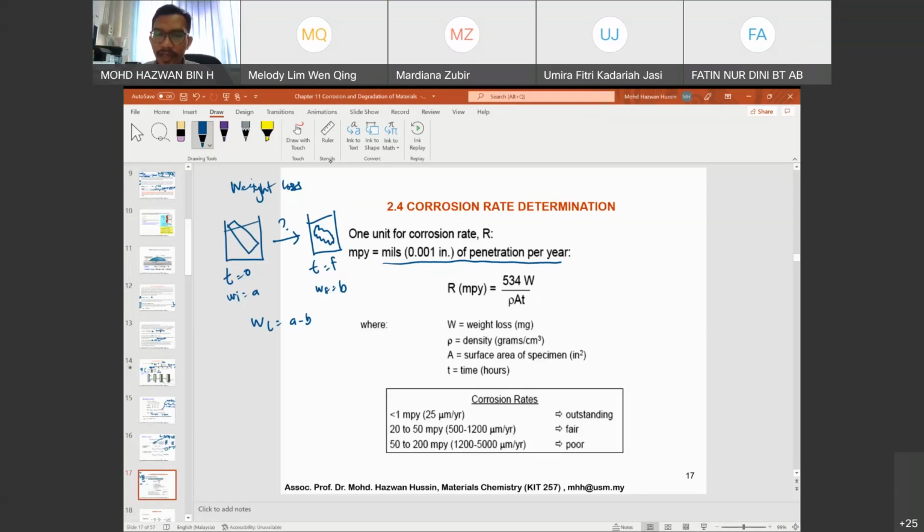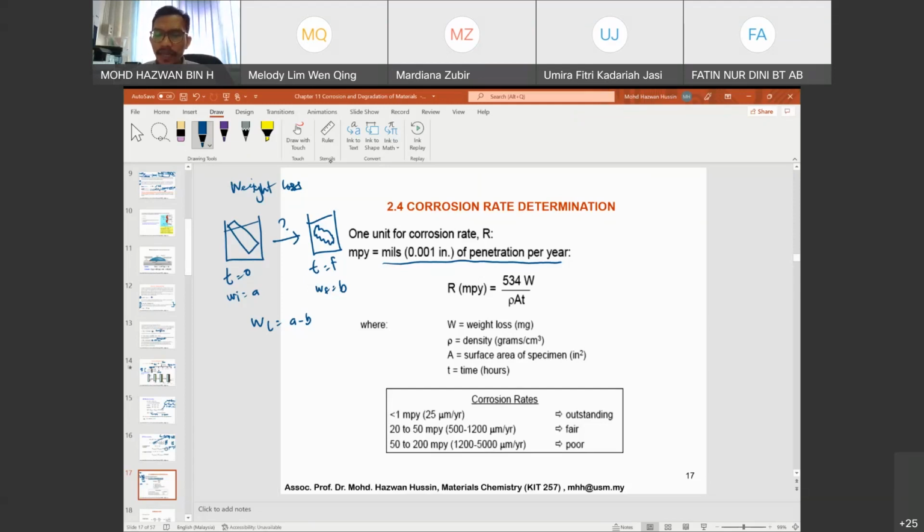W is the weight loss in milligrams over rho. Rho is the density of the metal. A is the area of the specimen in square inches, multiplied by the time of immersion in hours. And how are you going to interpret it? If you use this formula and observe a value lesser than 1 mpy, then this is outstanding.